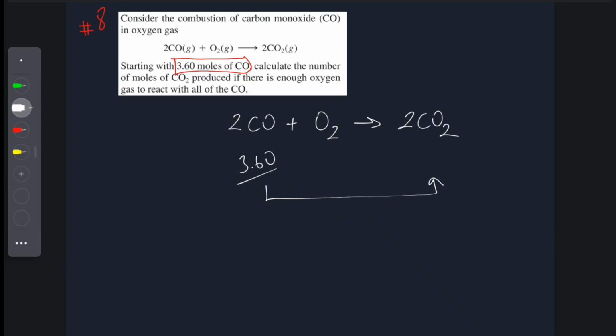So if the reaction yield is 100%, then we should produce 3.6 moles of CO2, since the ratio is the same, 1 to 1. So the answer is 3.6.